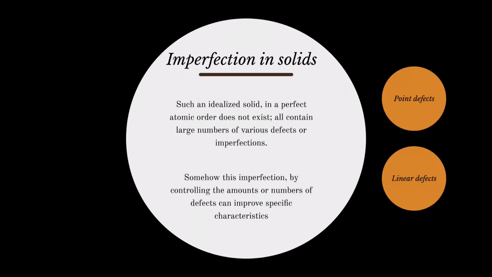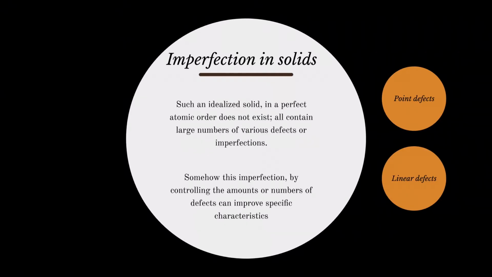Okay, so all materials contain large numbers of various defects, or we call them imperfections. By controlling the amounts or the numbers of defects, it can improve some characteristics in materials.